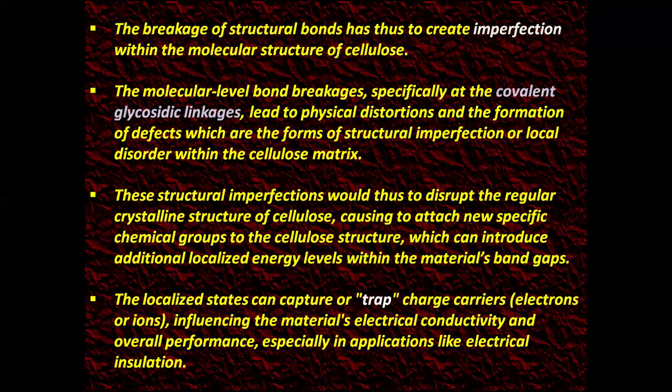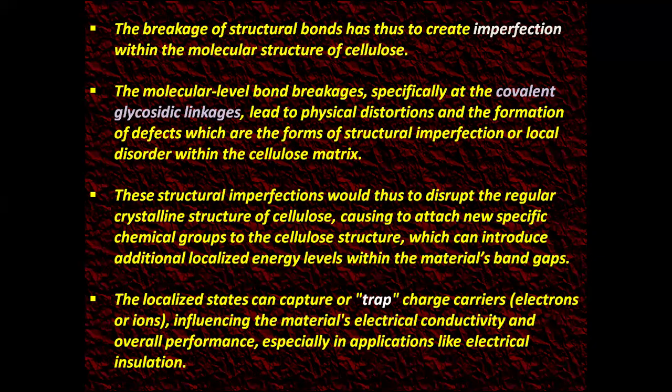The breakage of structural bonds thus creates imperfection within the molecular structure of cellulose. The molecular level bond breakages, specifically at the covalent glycosidic linkages, lead to physical distortions and the formation of defects, which are forms of structural imperfection or local disorder within the cellulose matrix.